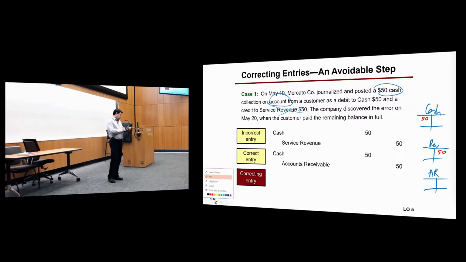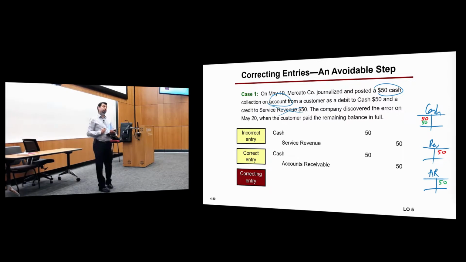The correct one is going to be in green. It's supposed to be 50 and a credit to accounts receivable 50. How do we get from the red to green? That's the correcting entry. Do you need to do anything for cash? So cash is not involved.